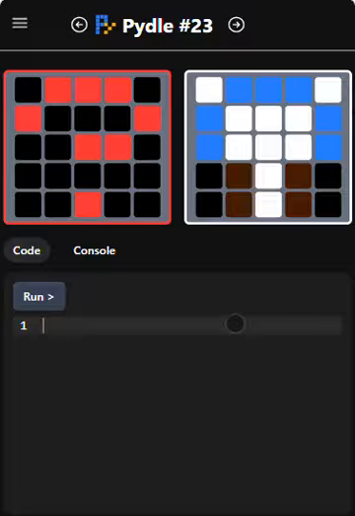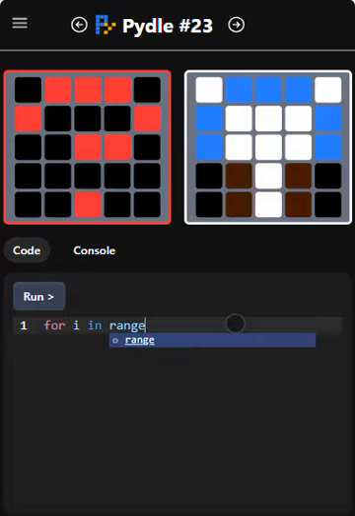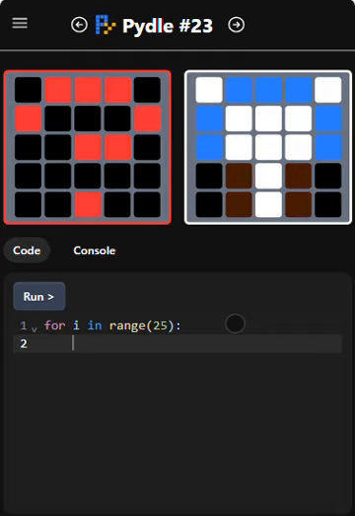But let's first do the white background. Normally we do that in a single loop, for i in range 25. Our whole picture is composed of 25 pixels, so that's why we do range 25. Now in our Pydle function, we need to decompose that i into x and y coordinates.